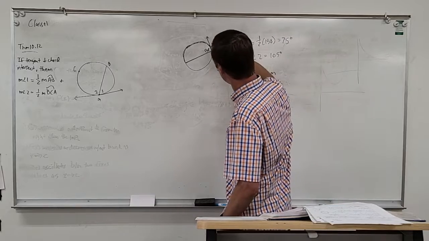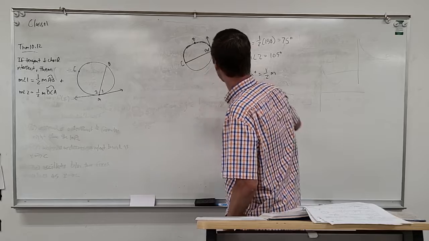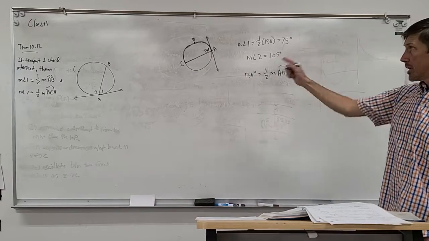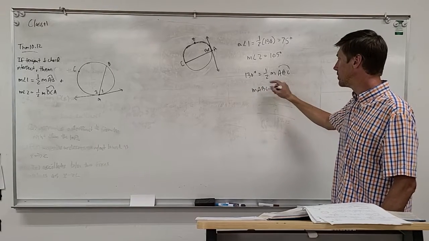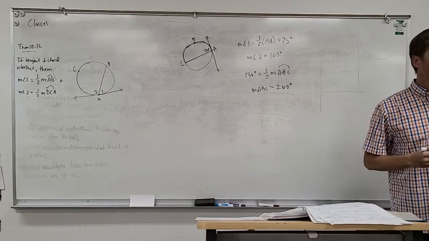We'll say A, B, C, so we know what we're talking about here. And so then the measure of ABC would have to be 2 times 130, which would be 260. Make sense?